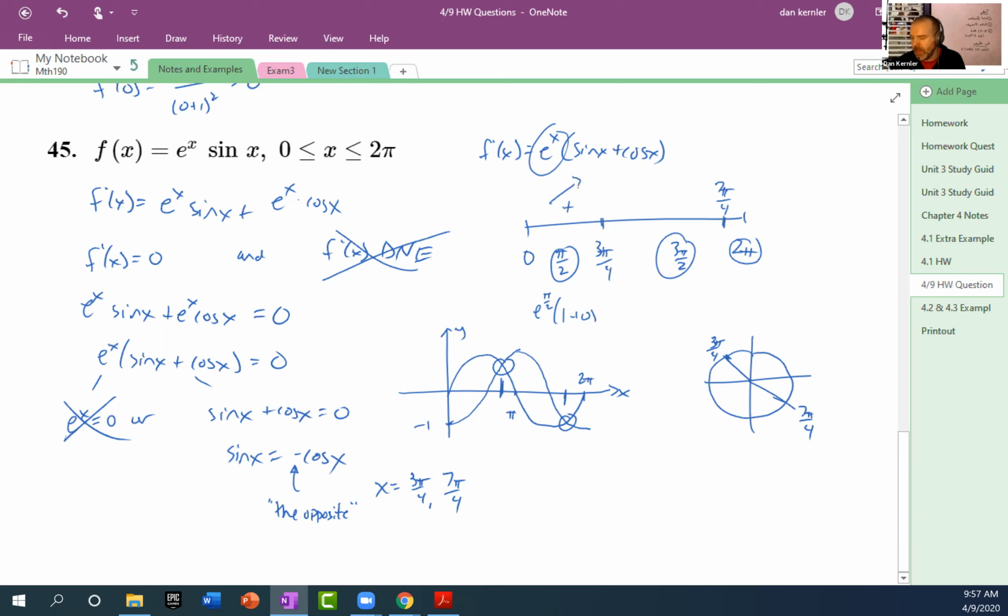So it's increasing in that interval. 3 pi over 2, it's e to the 3 pi over 2. Sine of 3 pi over 2 will be negative 1, and then cosine of 3 pi over 2 will be 0, so that's negative. And then at 2 pi, e to the 2 pi, whatever that is, times, let's see, sine of 2 pi is 0, cosine of 2 pi is 1, so that's positive again.